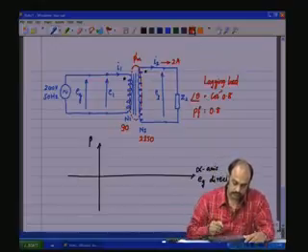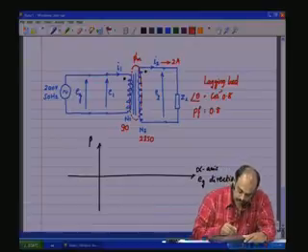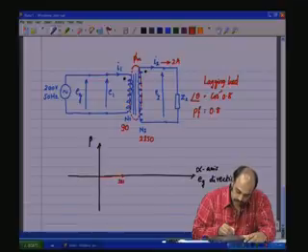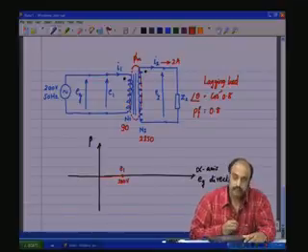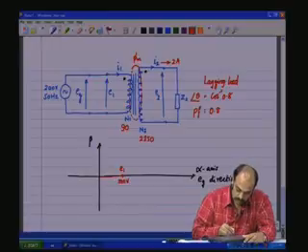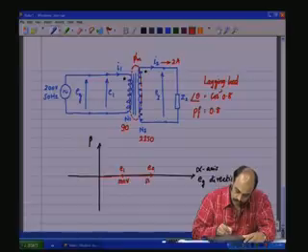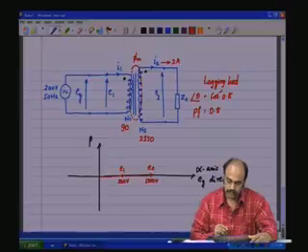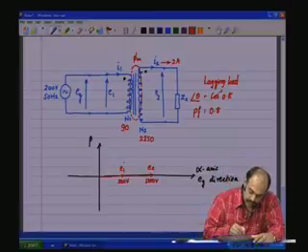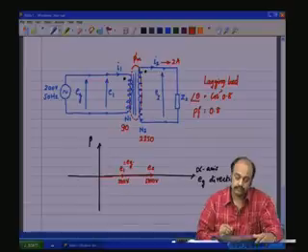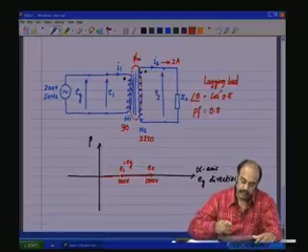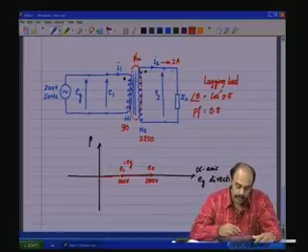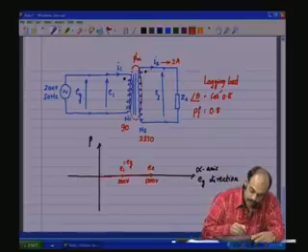So, we have E1 which is 200 volts and we have E2 which is 5000 volts. E1 equals EG, of course, and what is given is a lagging load. I2 is lagging E2.